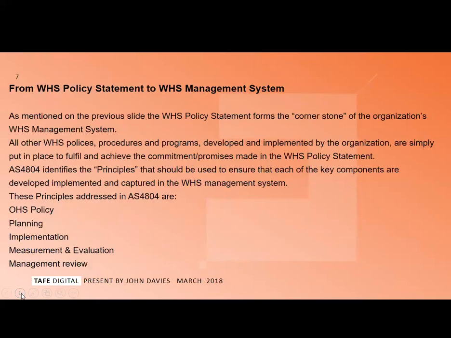The next question asks us to explain the difference between a policy and a procedure. As you can see on this slide, the policy statement is the cornerstone of the system from which all other policies, procedures and programs flow.